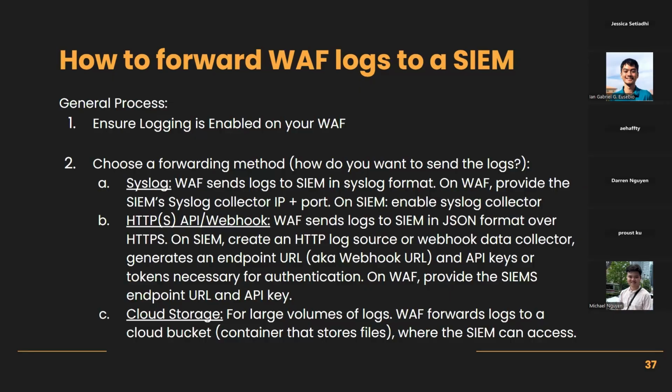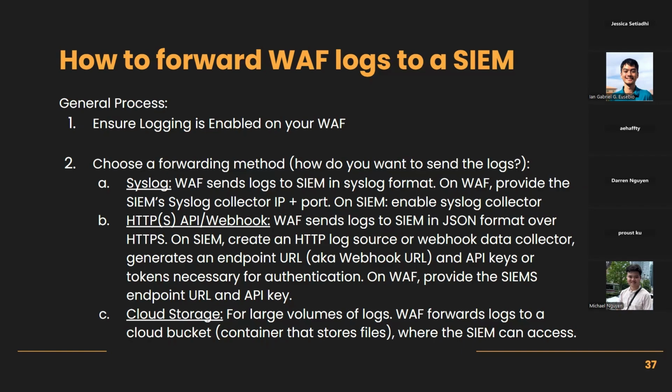How you do it is on your web application firewall, you would provide the SIEM's syslog collector IP and port. So what does that mean? A SIEM would have a certain part of their software that allows them to connect with the WAF and get logs from that device, and that specific collector has an IP and a port.